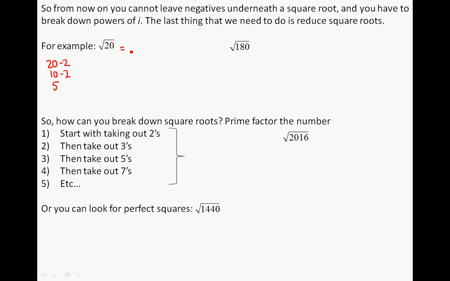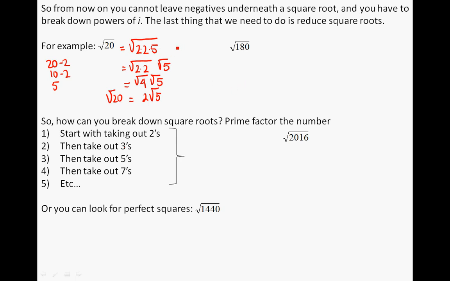So I could write the square root of 20 as 2 times 2 times 5, which is the square root of 2 times 2 times the square root of 5, which is the square root of 4 times the square root of 5, and the square root of 4 is 2. So 2 square root of 5. So what I'm telling you here is that the square root of 20 is the same as 2 times the square root of 5. This is like reducing fractions. We can do the same thing with square roots.